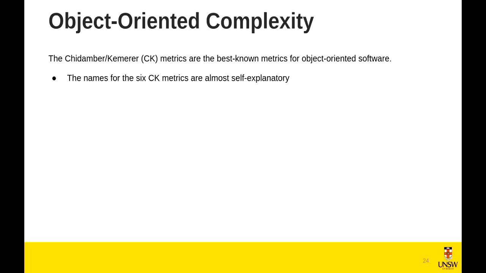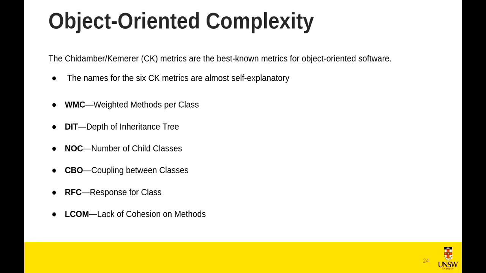There are actually 6 metrics here, and the names of the metrics are almost self-explanatory, so we can tell what a metric calculates based on its name. But some of them are not very straightforward, so let's explain them one by one. The first one is weighted methods per class, or WMC.